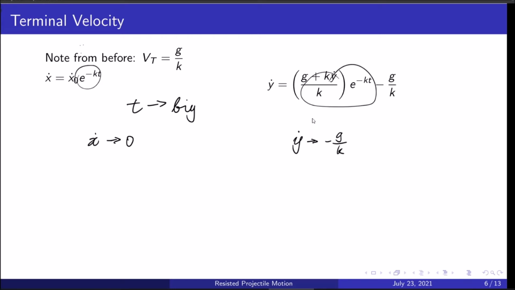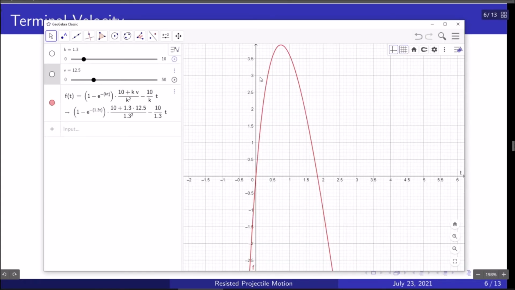What does that mean? It means that if the time of flight is long enough, the projectile will come down almost vertically, as the horizontal velocity approaches 0 and the vertical velocity approaches a terminal velocity. Now, we can actually look at it in a graph. Obviously, this is a height versus time graph, so any velocity here will be the gradient.